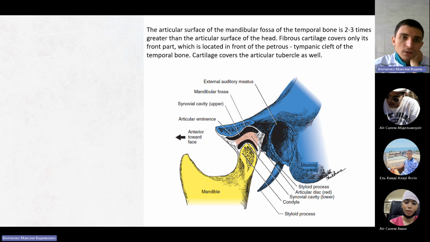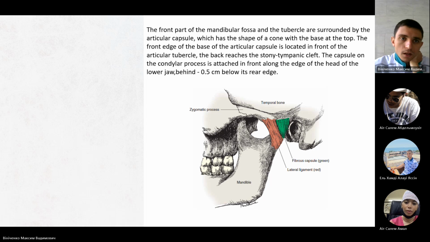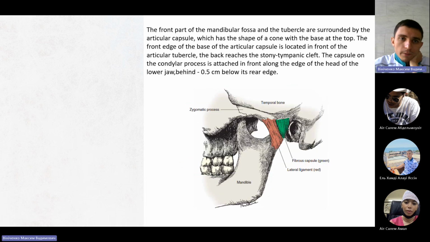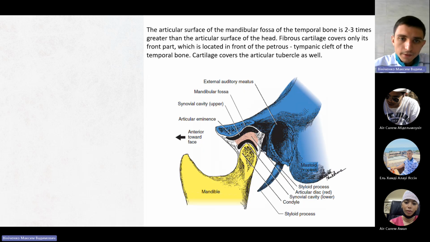Cartilage covers the articular tubercle as well. The front part of the mandibular fossa and the tubercle are surrounded by the articular capsule. Here we could see, not on this picture, but on this. Here all is the articular capsule.